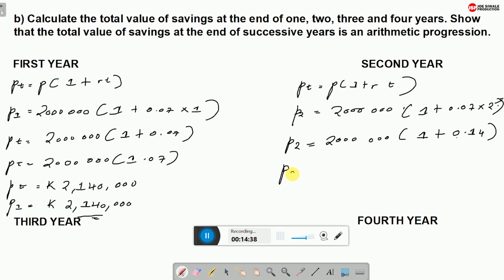So our total value of the investment in the second year is 2 million, 1 plus 0.14, which is 1.14. So the total value in our second year is 2 million multiplied by 1.14, and our answer is 2,280,000.